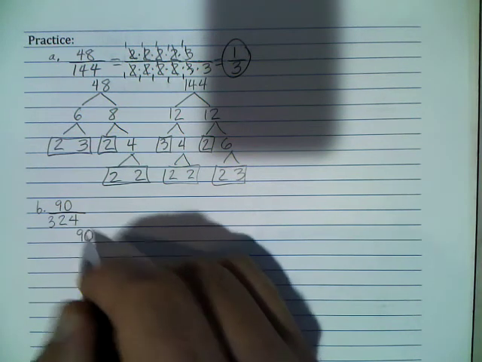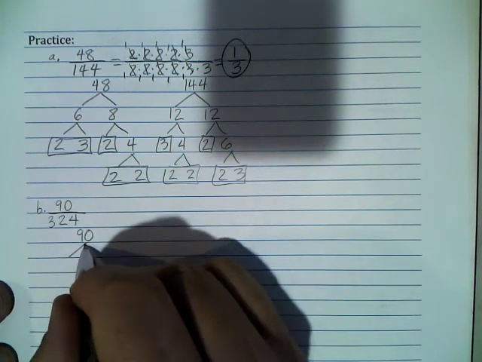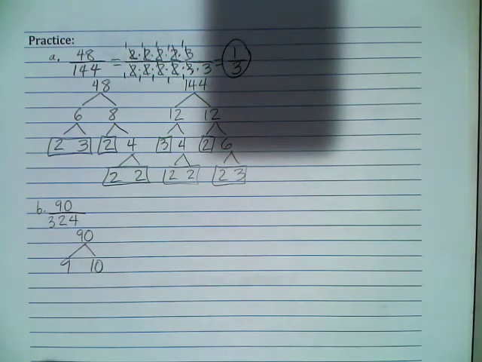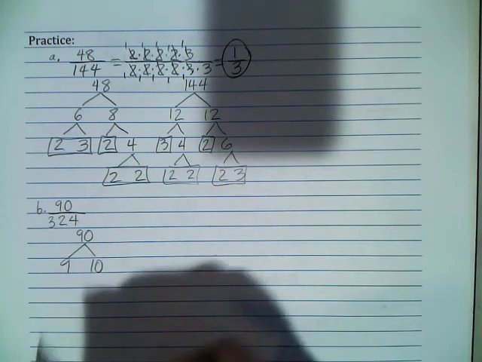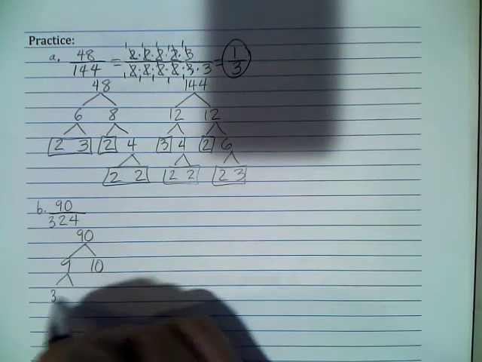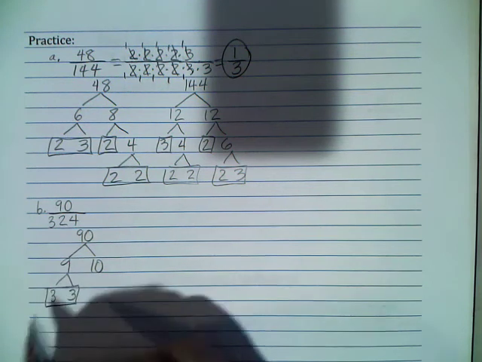So for 90, again, I like my factor tree because I know since it ends in 0, that's really just 9 times 10. And then once we know that that's 9 times 10, we can go ahead and split this up into 3 times 3, which we know are both prime.